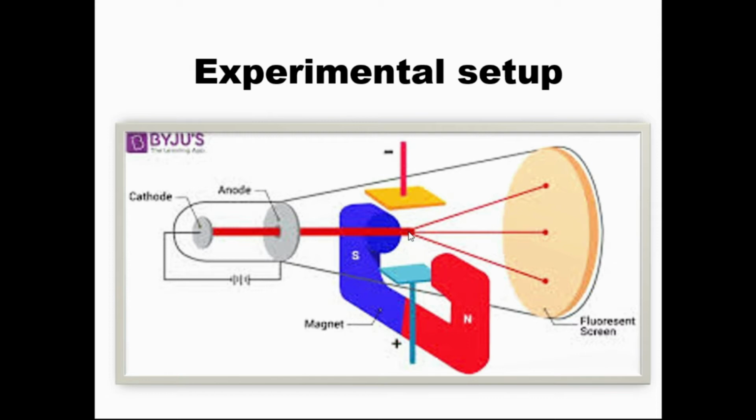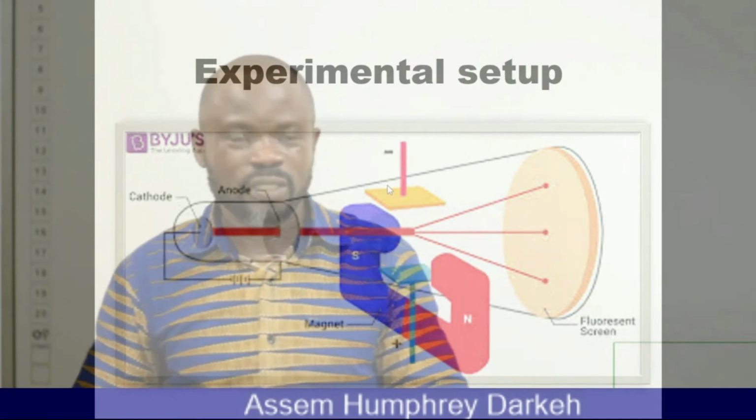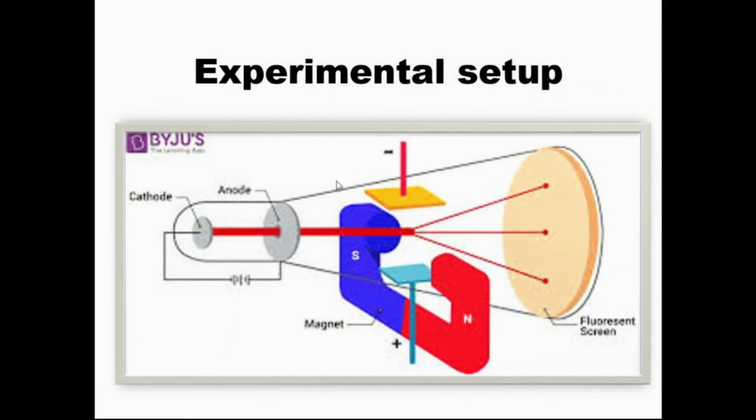Others went straight. Yes. The observation that was made by Thomson was that most of the particles were attracted to the positive plate. And so we have indeed concluded that the particles are supposed to be negative in nature.